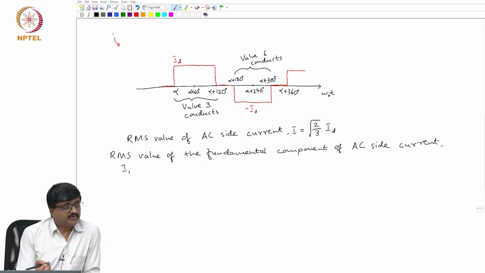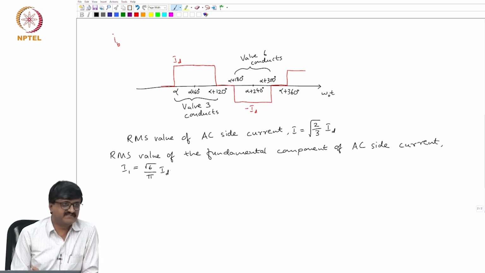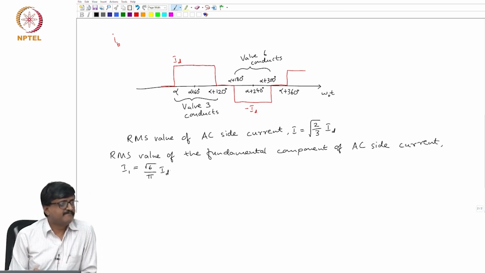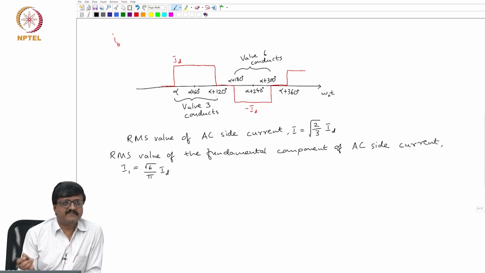I will leave it to you to get an expression for this, but I will give the answer. It is root 6 by pi into ID. So, I get an expression in terms of the DC side current. It is just an application of Fourier series. Now, one has to note that this particular waveform has a symmetry. What symmetry?